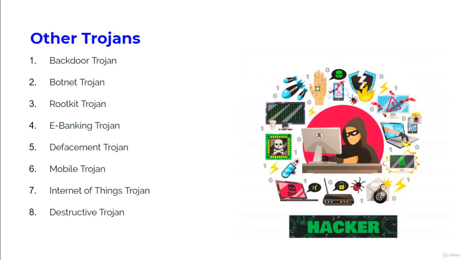The next Trojan is very interesting. It is very common these days. That is the e-banking Trojan. E-banking Trojans, as the name suggests, intercept a victim's account information before it is encrypted and send it to the attacker's Trojan command and control center.